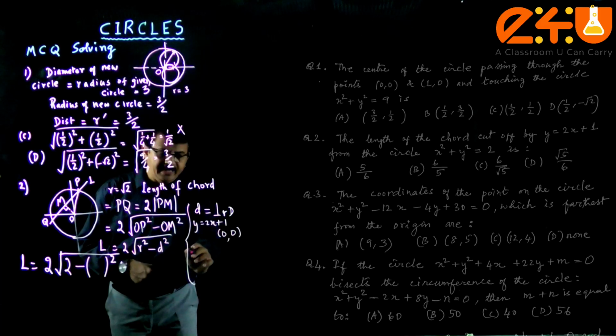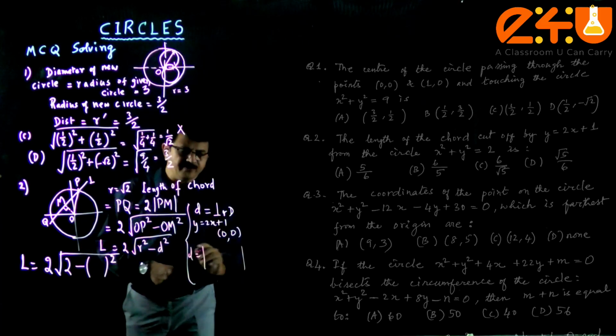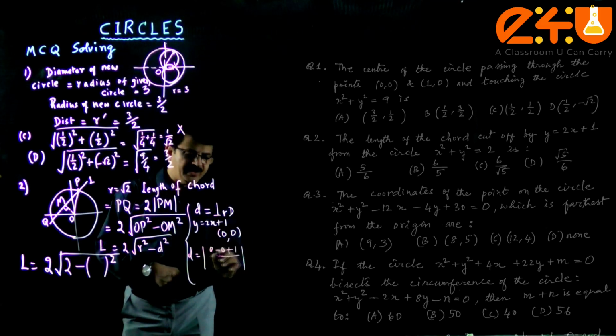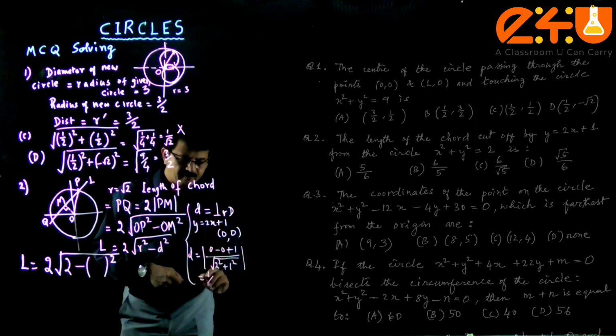So d is easily calculated as mod of 0 minus 0 plus 1 divided by root of the coefficient of x whole square plus the coefficient of y whole square. So it is 1 by root 5.